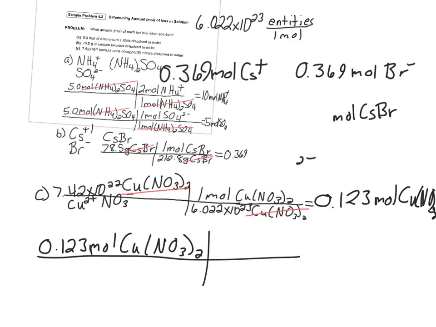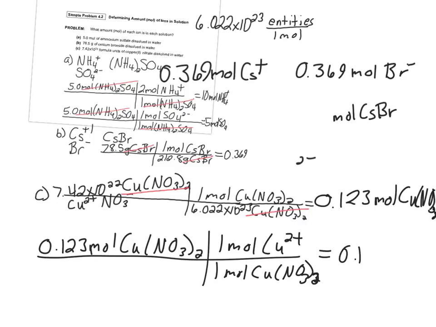So copper nitrate is going to go in the bottom. For every 1 mole of copper nitrate, I've got 1 mole of copper. All right, so that just means I've got 0.123 moles of copper.